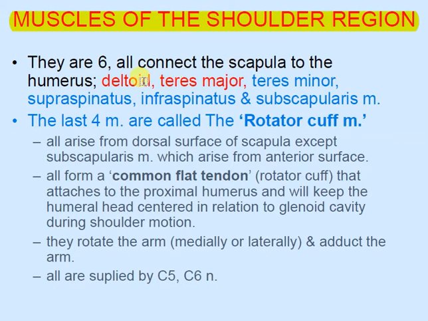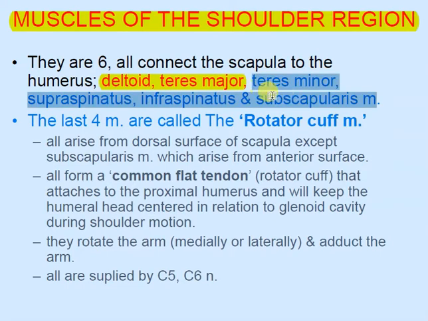We have 6 muscles. The first 2 are deltoid and teres major, and then the last 4 are teres minor, supraspinatus, infraspinatus, and subscapularis.